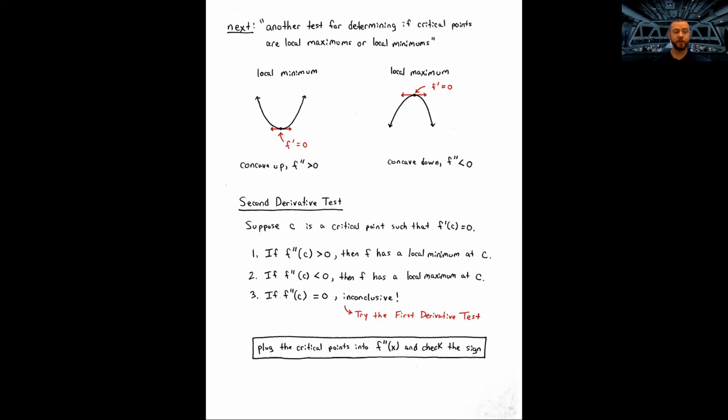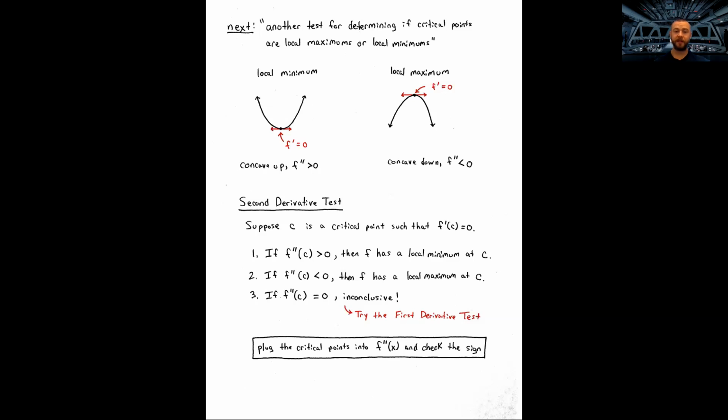All right, and we have a few conclusions here. Basically what we mentioned in our simple graphs above. If the second derivative evaluated at a critical point is positive, that means our graph is concave up. A concave up shape corresponds to a local minimum.